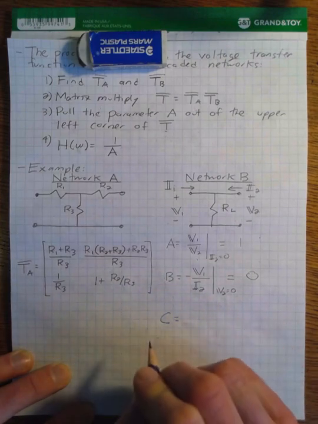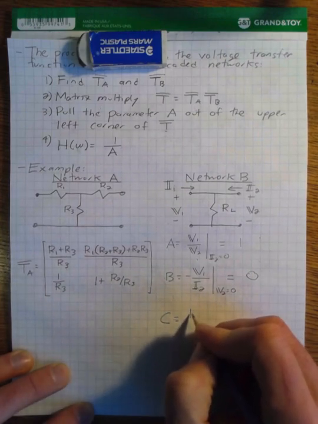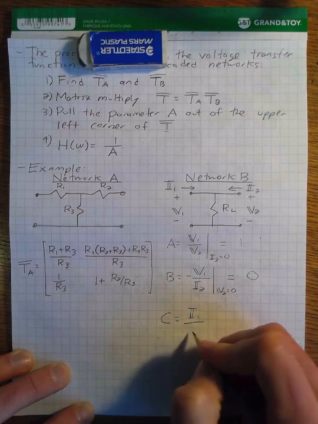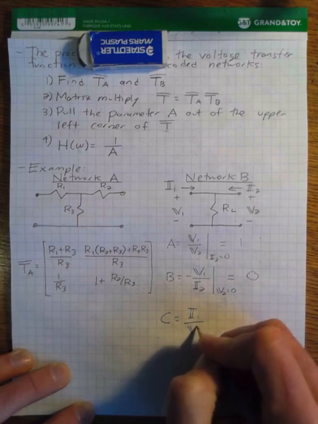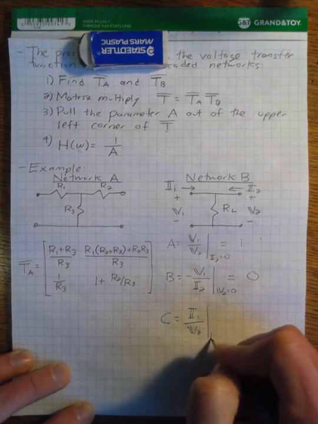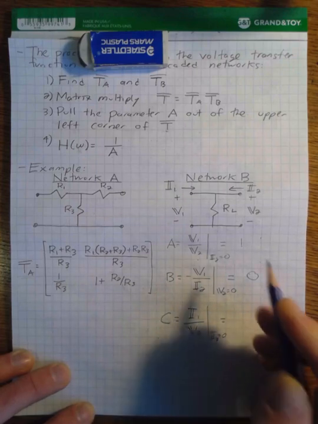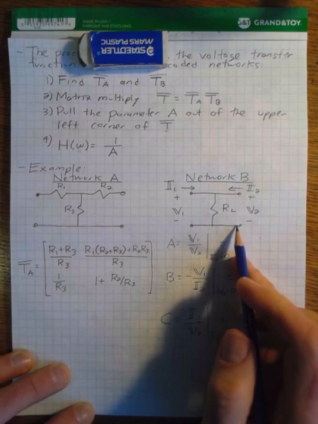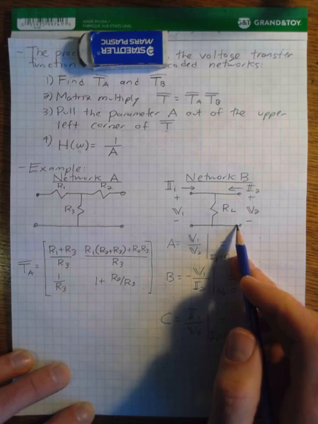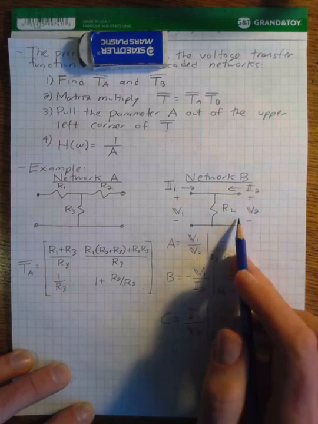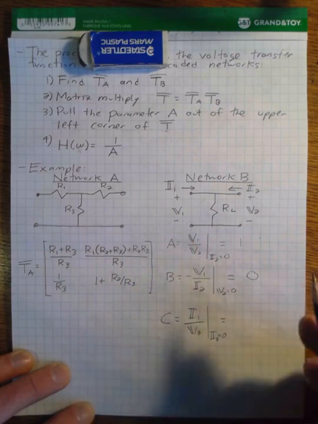The parameter C is equal to the current I1 divided by voltage V2, given that port 2 is open circuited. I2 is equal to 0. Well, if this is open circuited, then the voltage across here is just equal to the voltage across here.